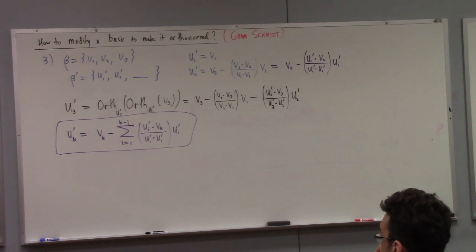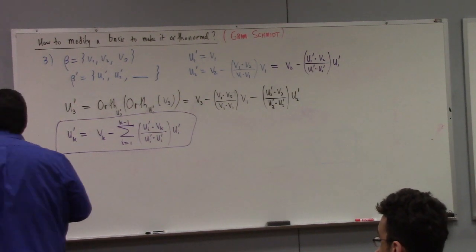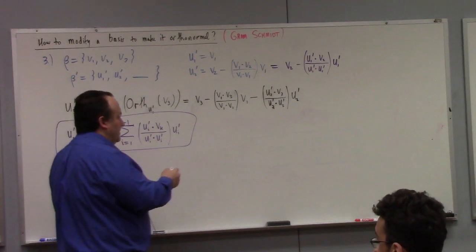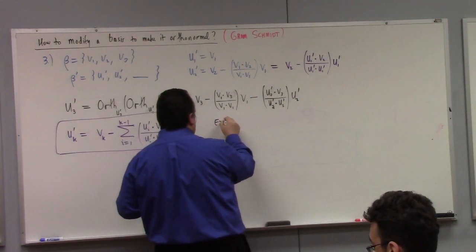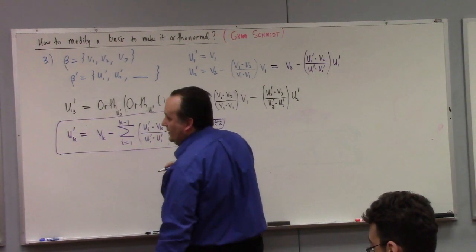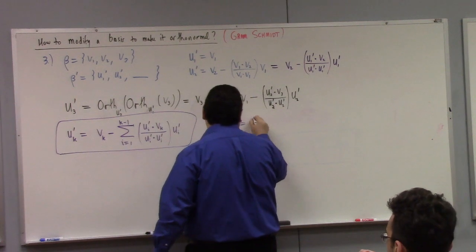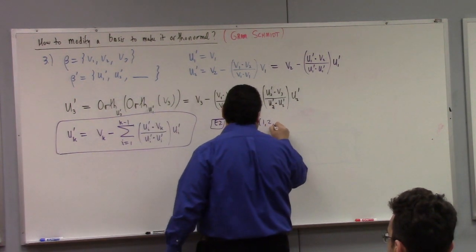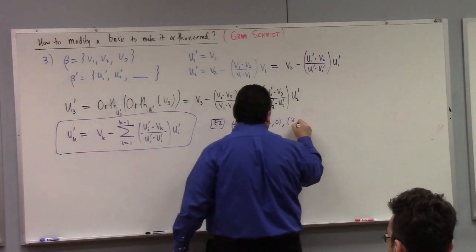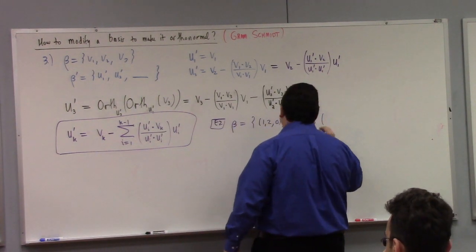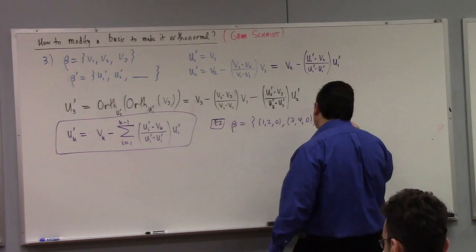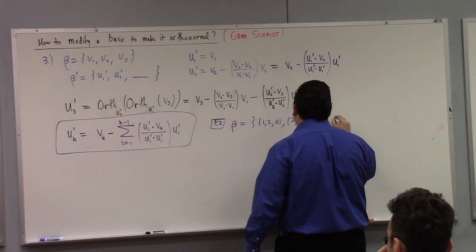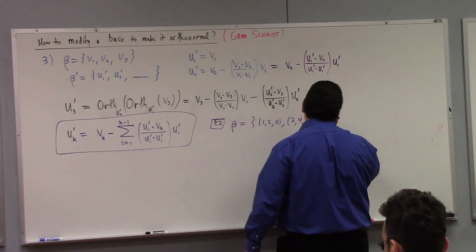So let's actually put this into practice for my example 2 here. Suppose you've got beta equal to 1, 2, 0, 3, 4, 0, and, oh, I don't know, what do you guys want? We can put anything we want here.